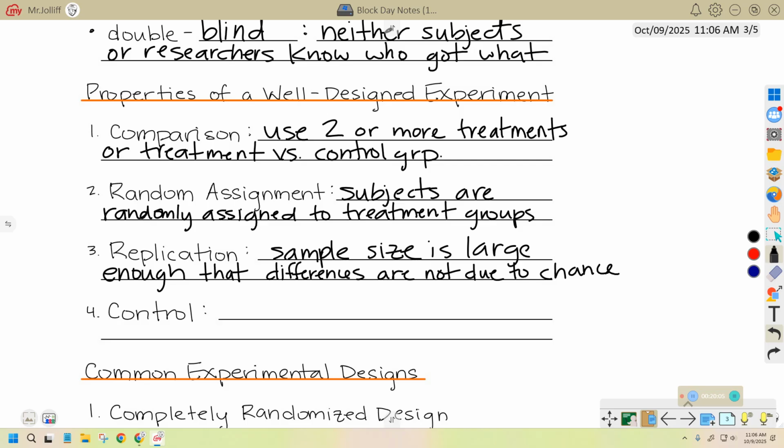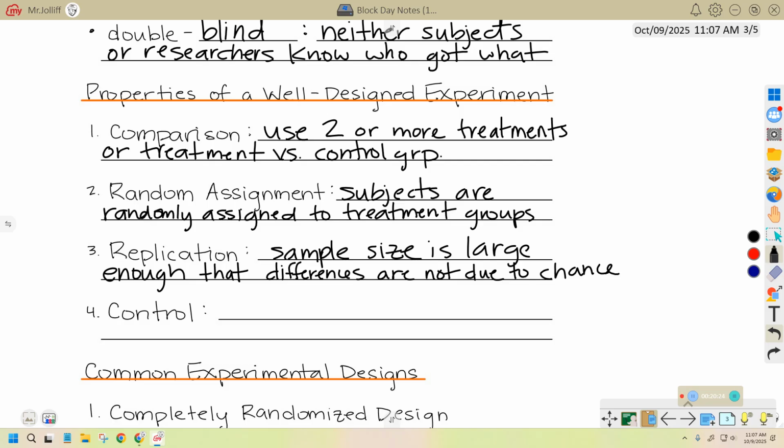I want to make sure that my sample size is large enough that each of my treatment groups has enough people in it that those samples are going to be approximately the same in terms of composition of people. Never perfectly identical, right?